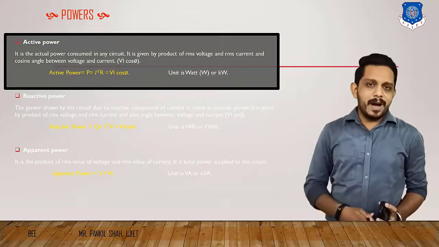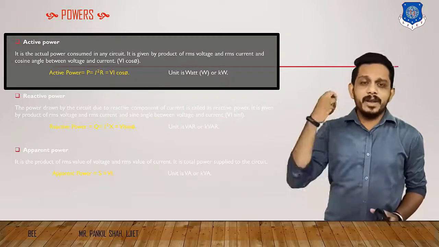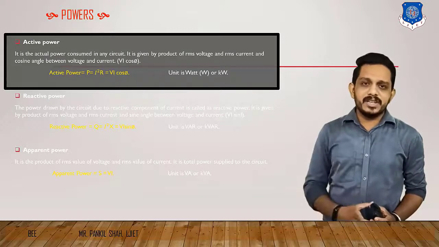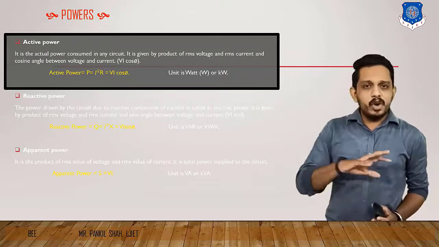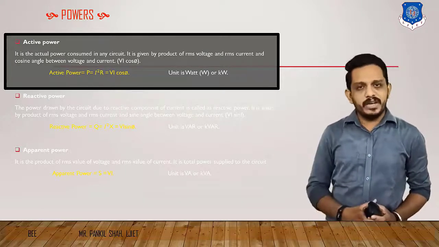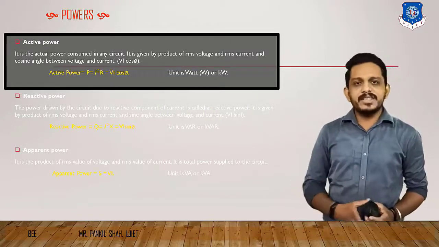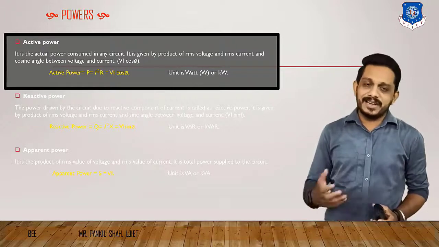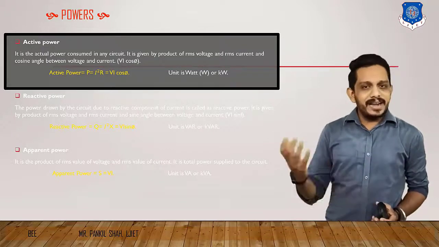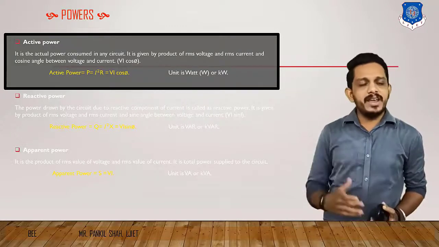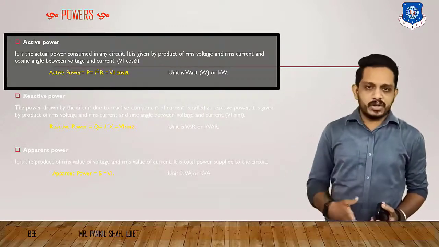If only a resistive part is there, then the total power will be consumed by the resistor only. If a pure inductor and pure capacitor are there, with no resistor, then no power is consumed actively. So if an RL or RC combination is there, the total power consumed by the circuit is only due to the resistor, and it is known as the active power. Its equation is P equals VI cos phi, and its unit is watts.